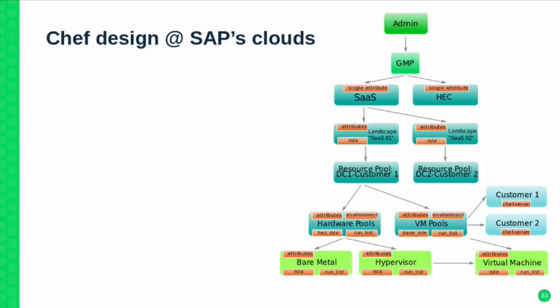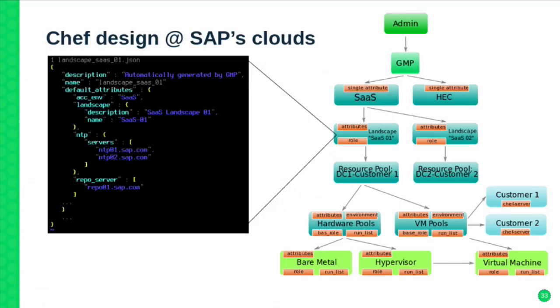To show you how this looks on the Chef server, and maybe you'll understand it a little better then, please go forward. I have an actual example here. This is a JSON file that we would upload to the Chef server. First of all, you see that this is a landscape. It's named landscape SAS 01, like it says here.